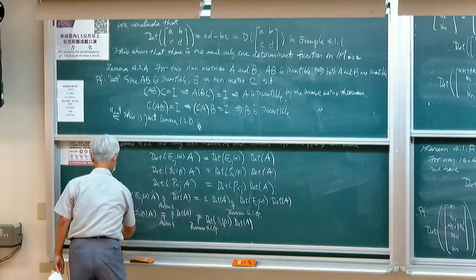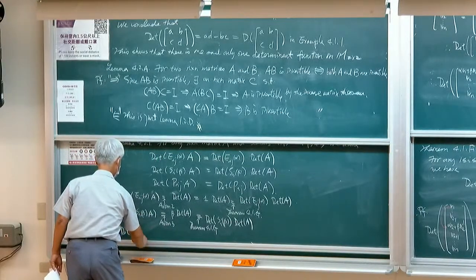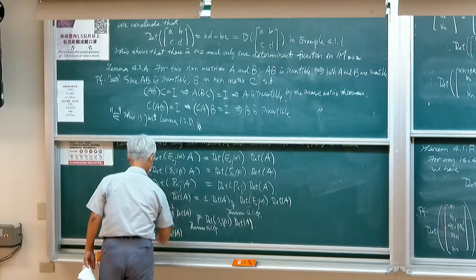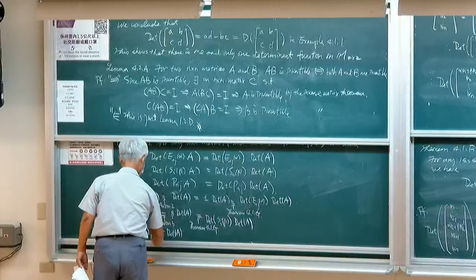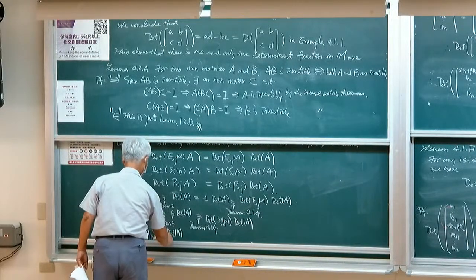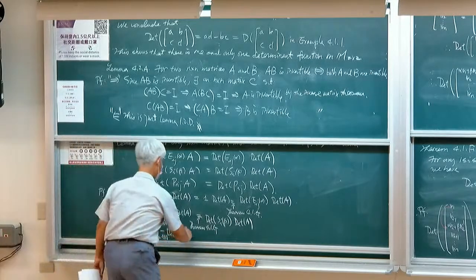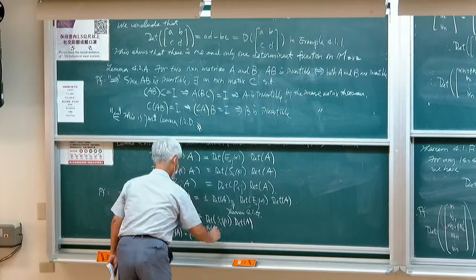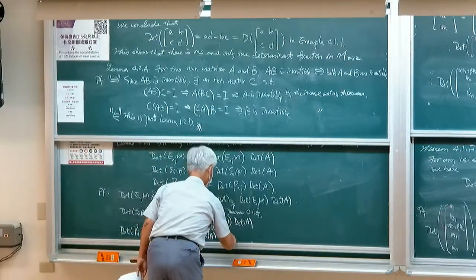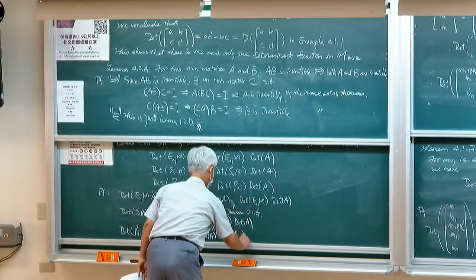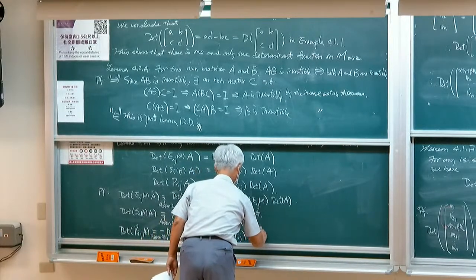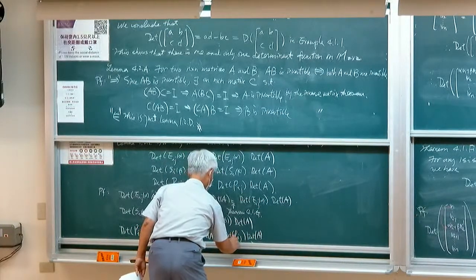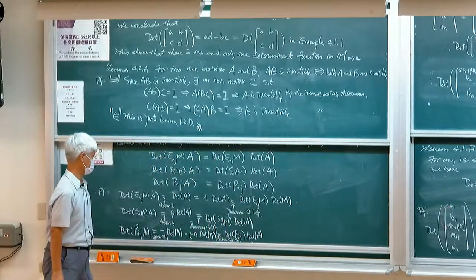The last one, the determinant of P_ij A. This is minus the determinant of A. So this is from theorem 4.1.1. Okay. And this is minus 1 times the determinant of A. But minus 1 is the determinant value of P_ij. Again, this is theorem 4.1.2. So we have done.